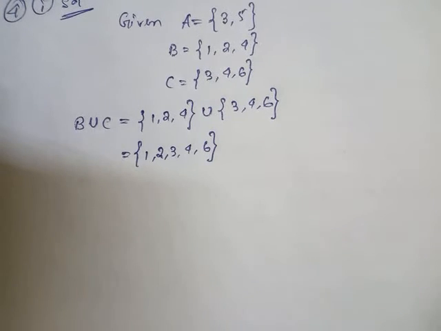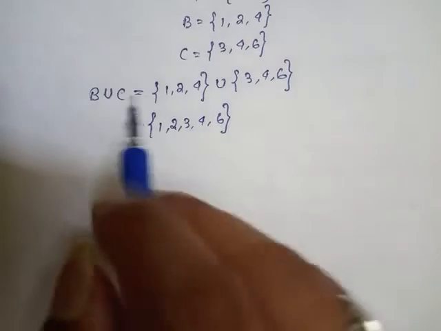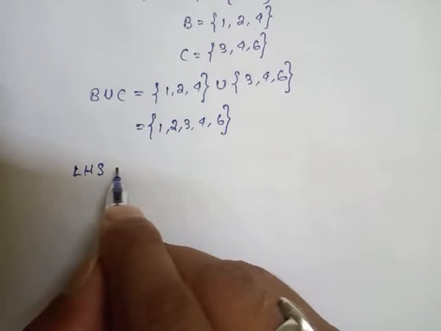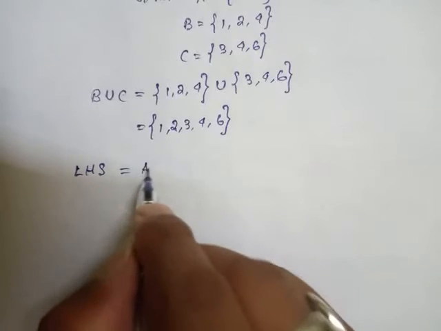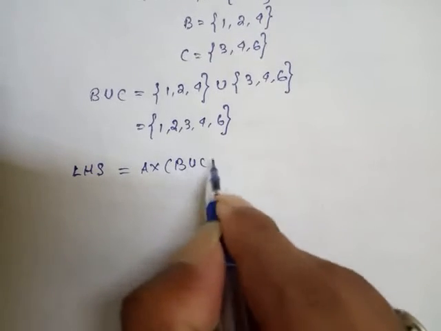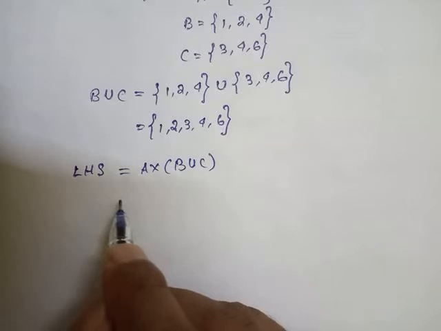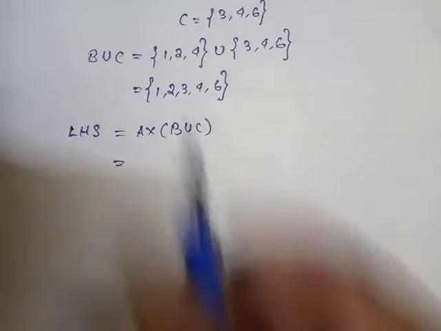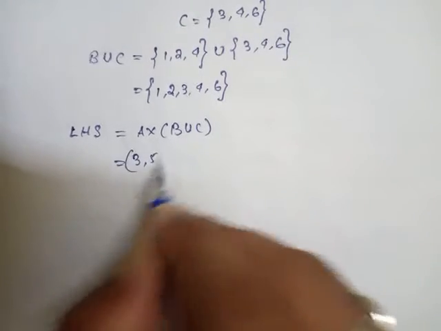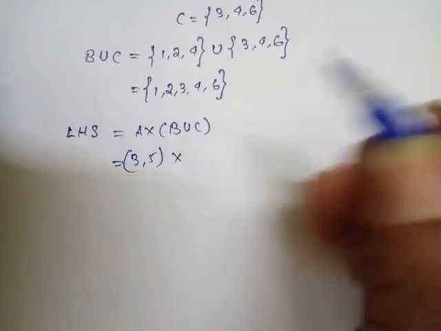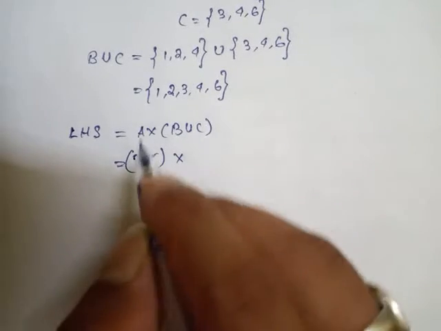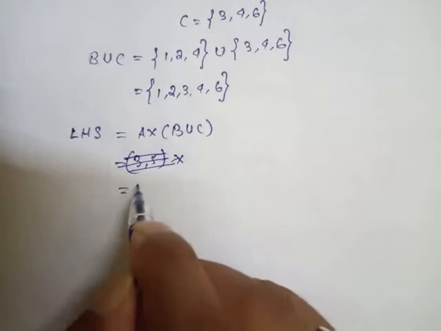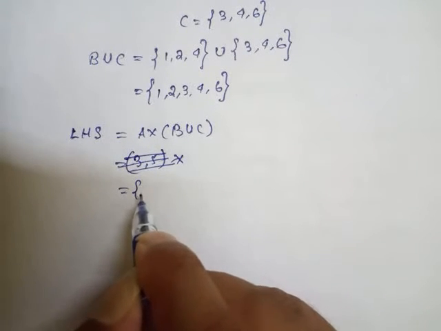Now A product B union C we have to find out, and this is the LHS, meaning left hand side. So I will write LHS equals A product B union C. The value of A, look here, is 3, 5. So we'll write 3, 5, product B union C. Sorry, don't use the first bracket, because elements in set theory should always be in the second bracket.